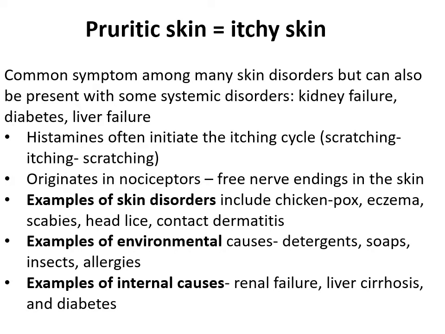Other examples, environmental causes, well, detergents, soaps, insect bites, anything that you're allergic to, say poison ivy, poison oak, anything like that can cause itchy skin. I mentioned the internal causes, renal failure and liver cirrhosis. Both lead to itchy skin.